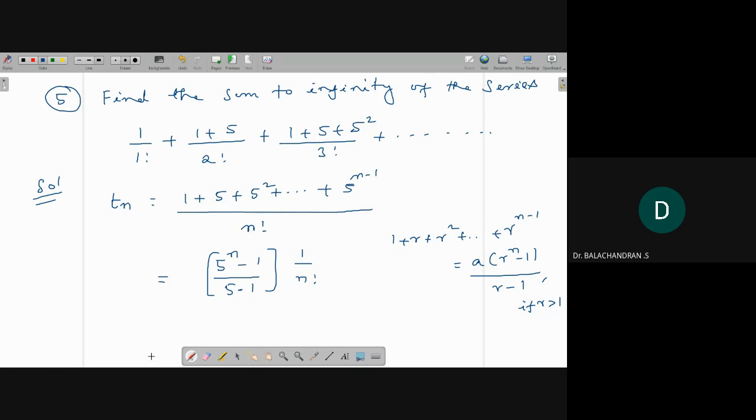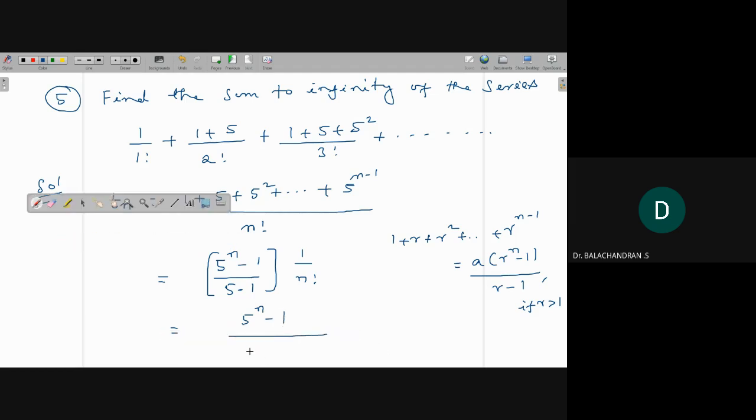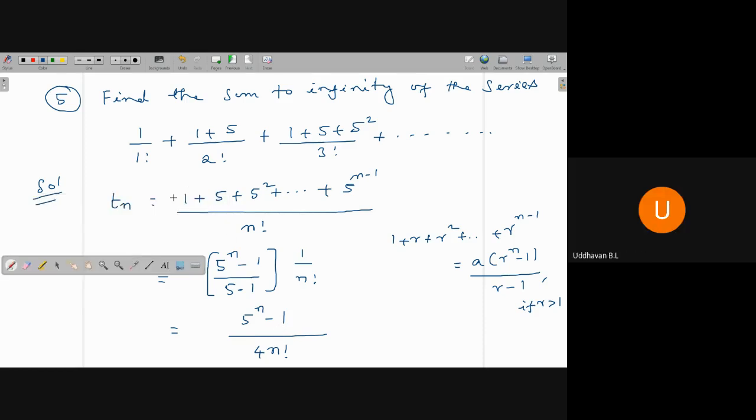So the numerator is 5 power n minus 1 divided by 4 into n factorial. Sir, what is the value of a? A is the first term. A is 1. Okay, sir.